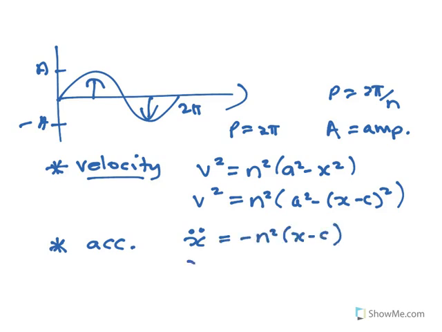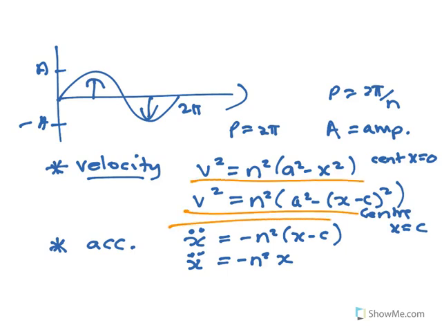That's when the centre is C. If the centre is 0, then it's minus n squared x, because C equals 0. So this one, the centre equals 0, and this one, the centre equals C. These are not on your formula sheet, and it is a good idea to learn them, because you don't want to always have to be deriving them. But if there's room for deriving them, it'll be in the question.